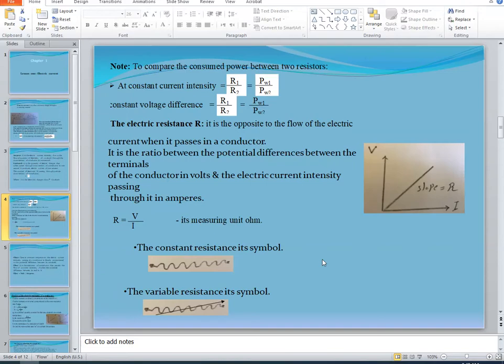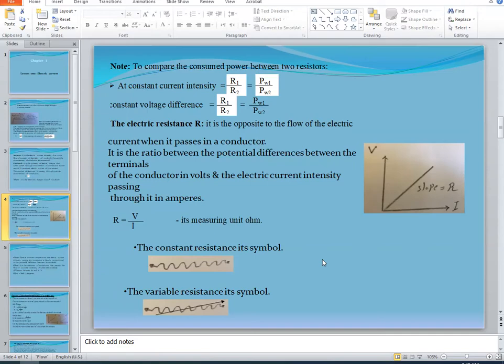Why? Due to the collisions between the atoms of the wire and the electrons of the electric current, which will increase.